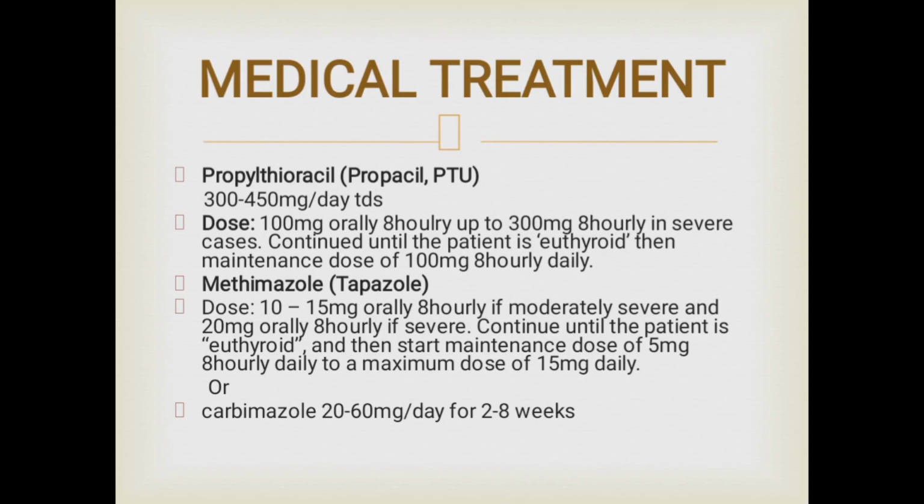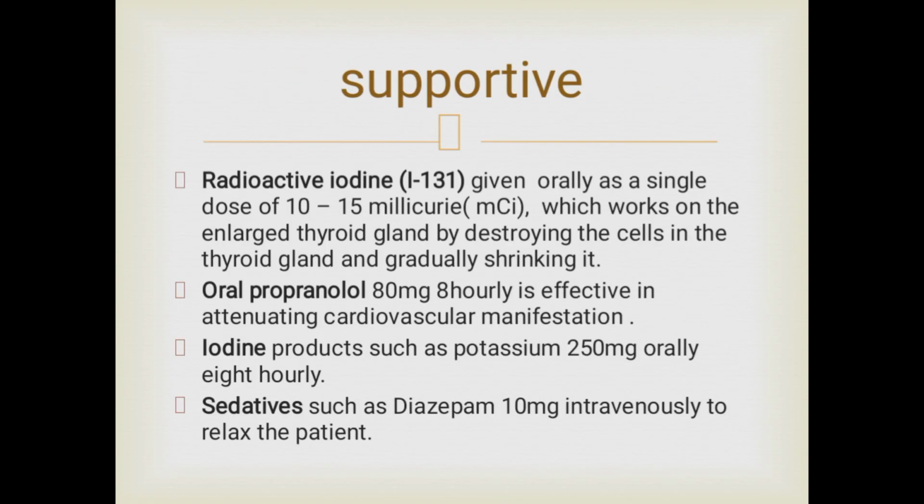Medical treatment will go with medicine. So I've got a drug known as propylthiouracil, which is PTU. Can give 300 to 450 milligrams TDS. The dose should be 100 TDS. Then we also have methimazole or tapazole, and carbimazole can be given as well. And supportive, you can give radioactive iodine, oral propranolol.